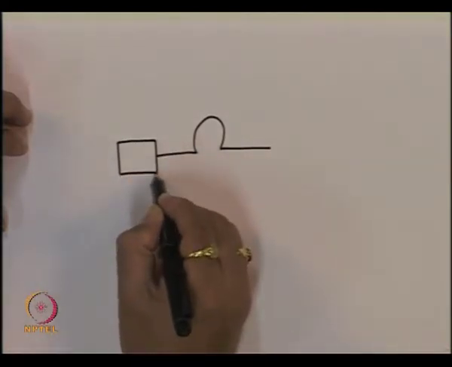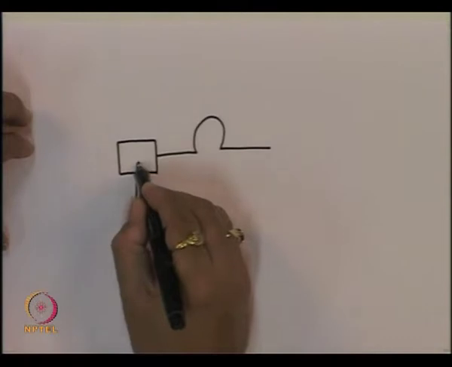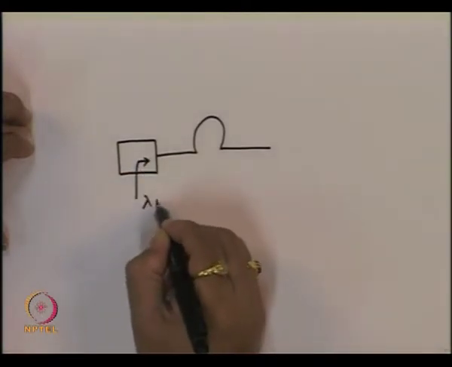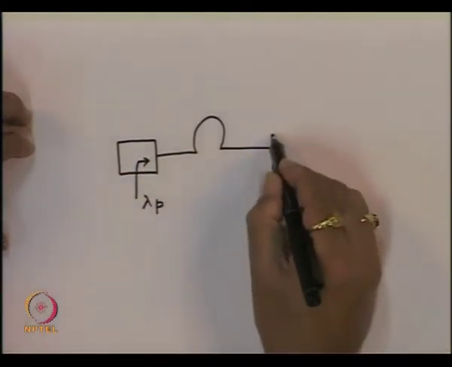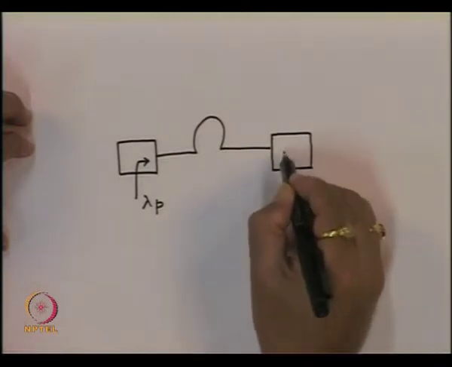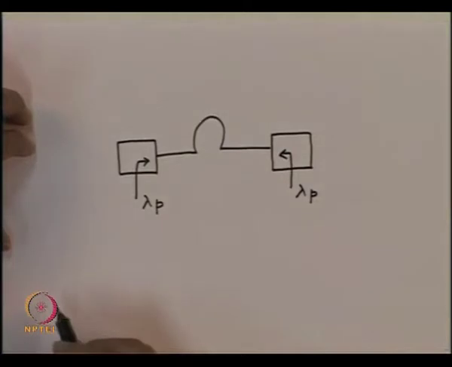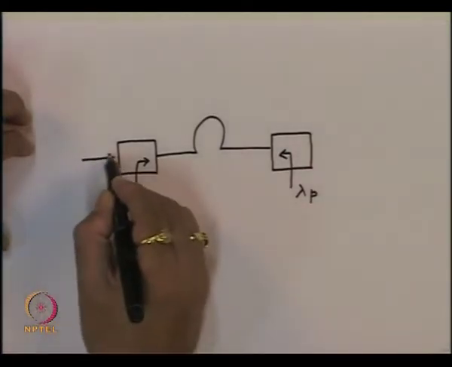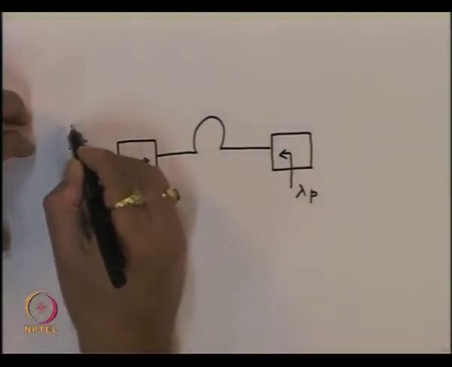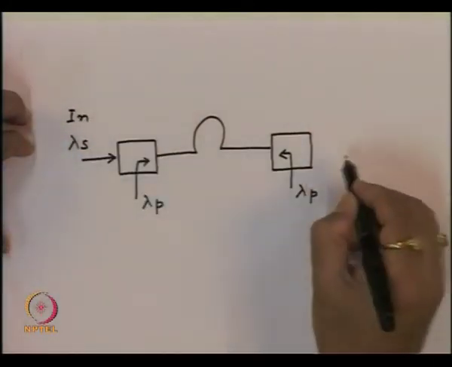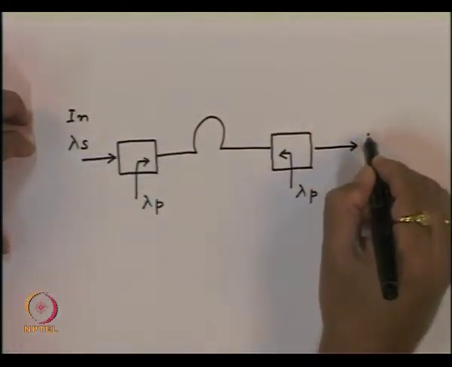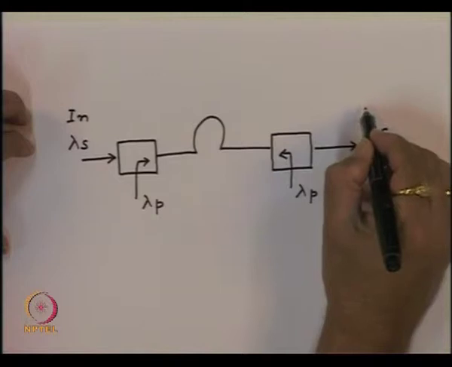So, we have one coupler where pump lambda p is combined. We have another here, where pump is supplied backwards, lambda p, and this is the signal, lambda s, which is the input, and we get the output from here which is amplified.